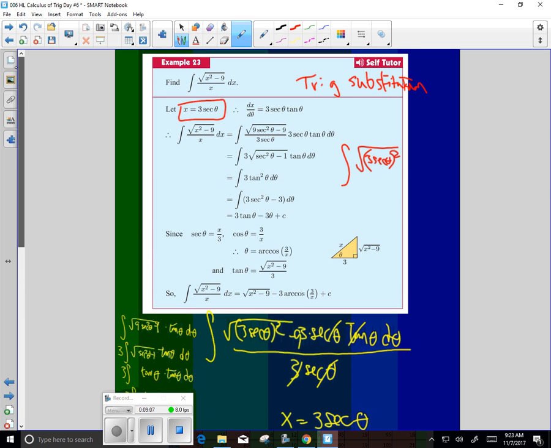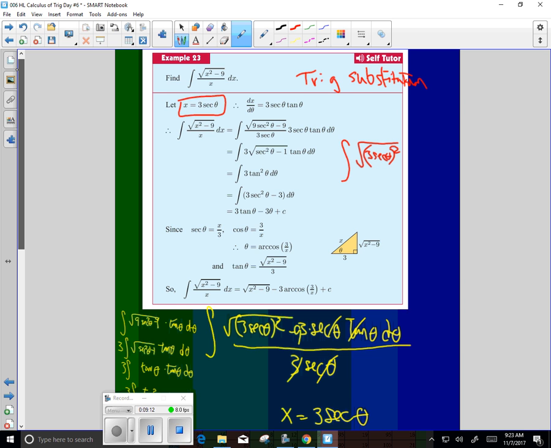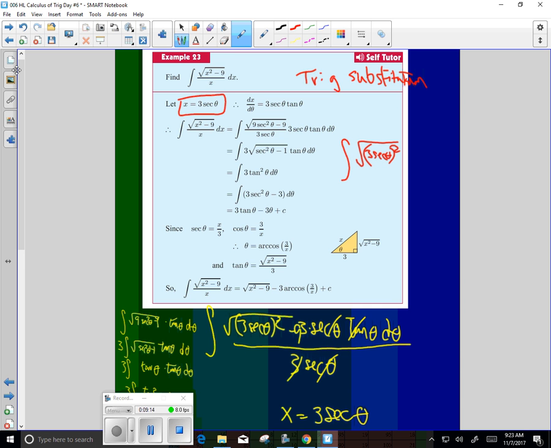So going back over the big picture, it's really 2 parts. You got to get down to here first, and that's what we did. And then you have to solve and get rid of theta. So the first thing I did is I gave you x, and x was 3 secant theta. Sounds horrible, but it works. And we got to take the derivative and then substitute in for x and dx. That's what people forget, the dx substitution.